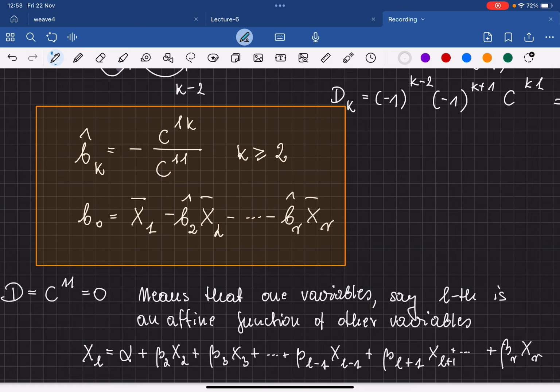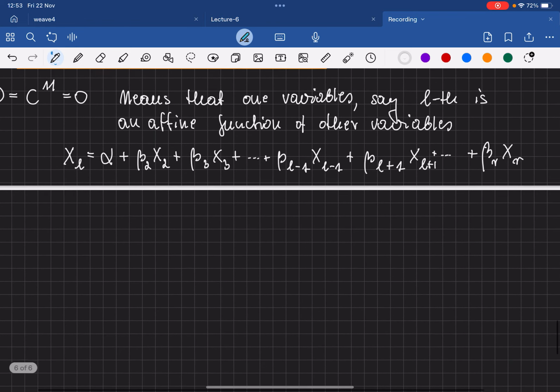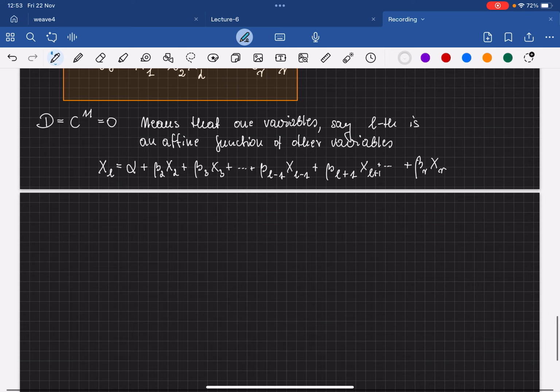Therefore, we shouldn't do multiple regression in case when we have an affine or linear dependence between variables that are giving us information about our population.